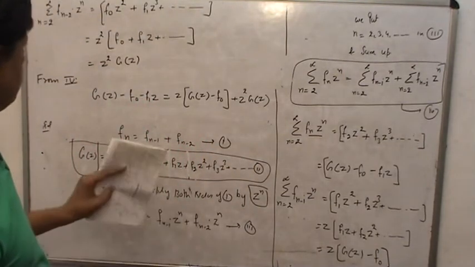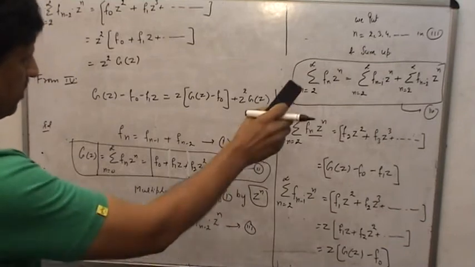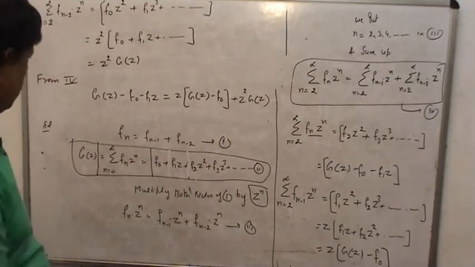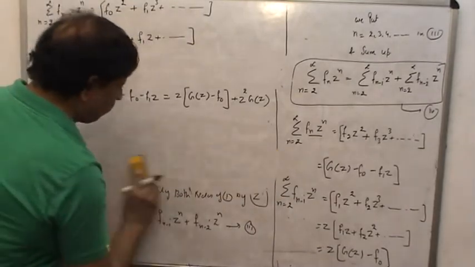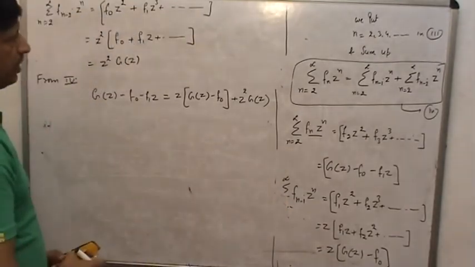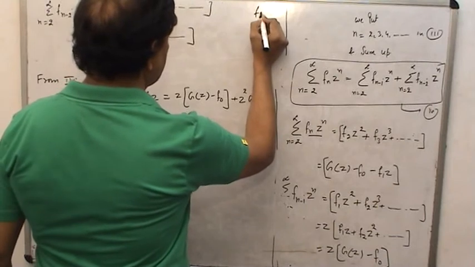By using the generating function, we converted the function into this. Here, for the further solution, we depend upon the given values.